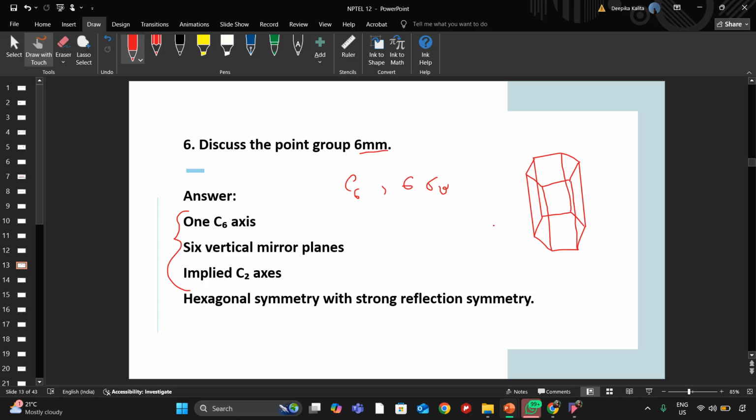We have one C6, six vertical mirror planes, and C2 axis. So this is how 6mm will be described.